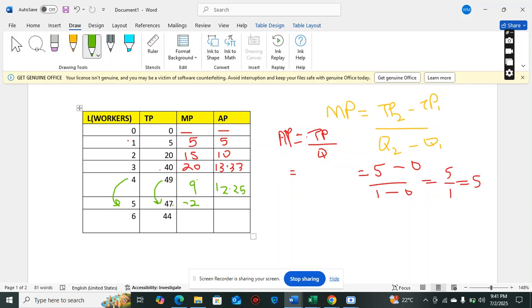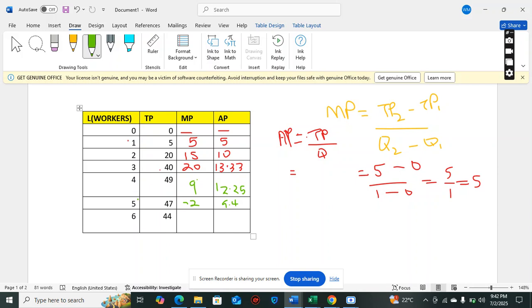Average product 47 divided by 5. So you've got here at this point, 5 workers working on one sewing machine.